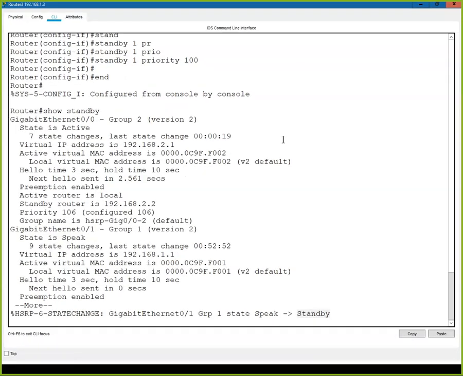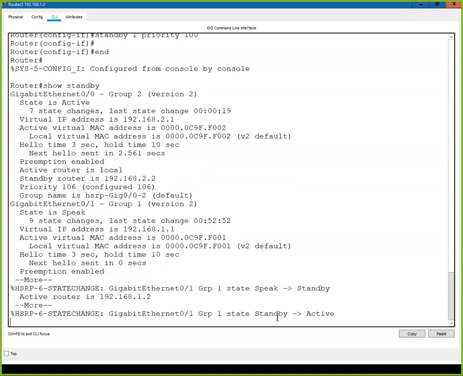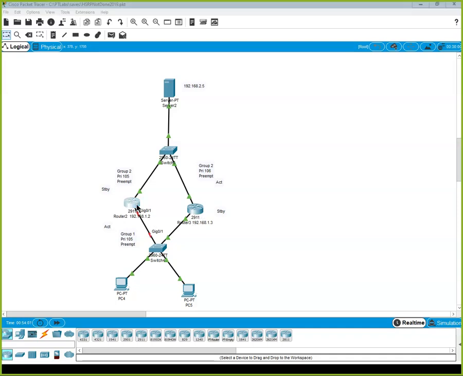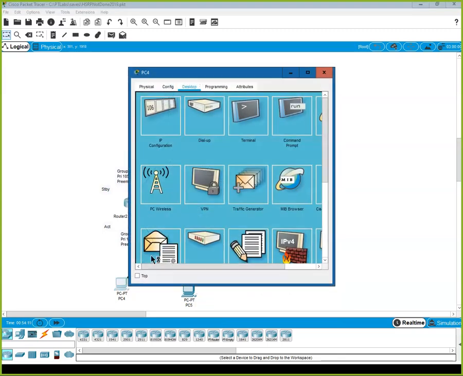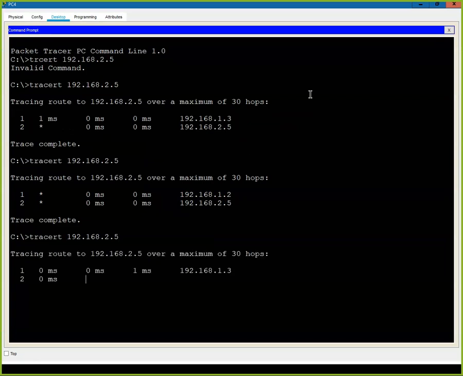Then this guy should, here in just a second, become the active router. When I fix this one, I want it to reassume the duties, and that's what the preempt is all about. So we can see if we can still get there. Traceroute 2.5 goes to 1.3, the right-hand one, and comes back.